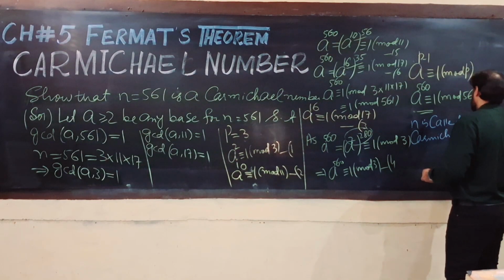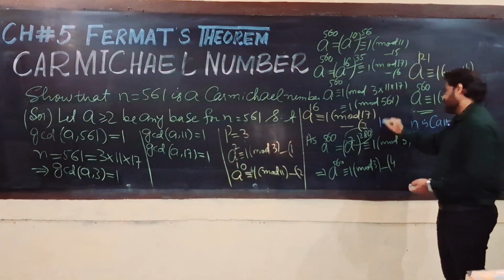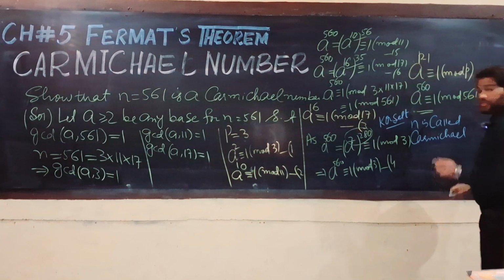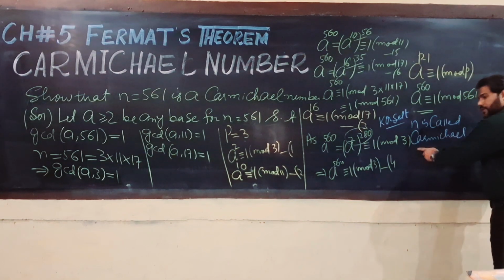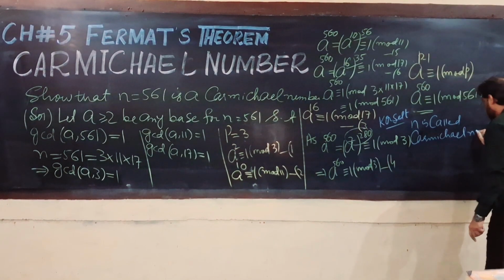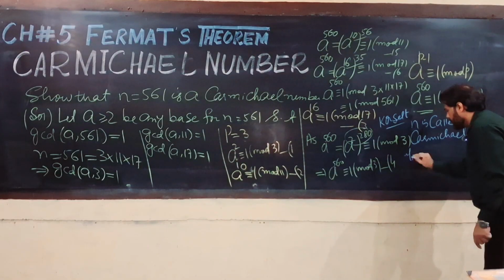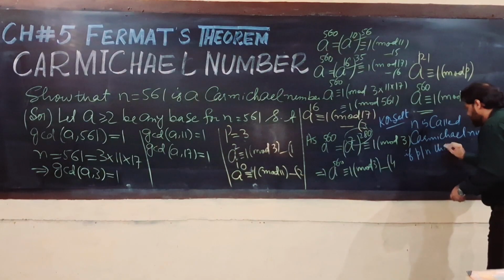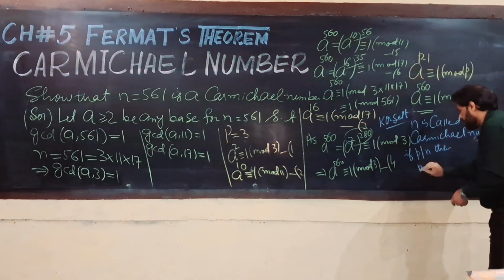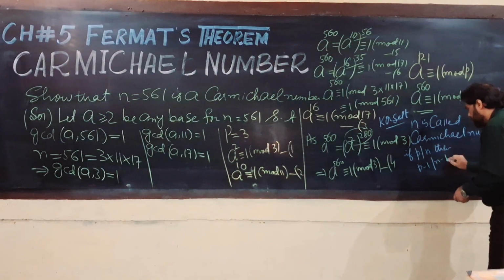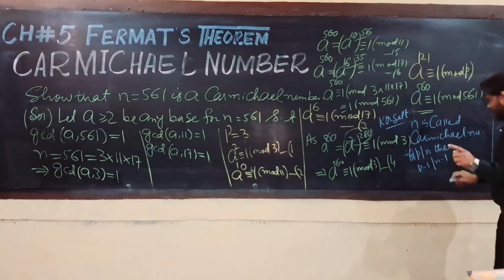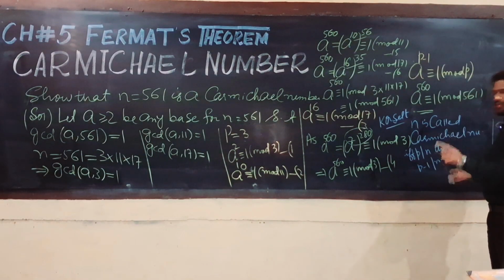This theorem says n is called a Carmichael number if some prime p divides n, then p minus 1 divides n minus 1. N is called a Carmichael number if and only if, this theorem has two conditions.